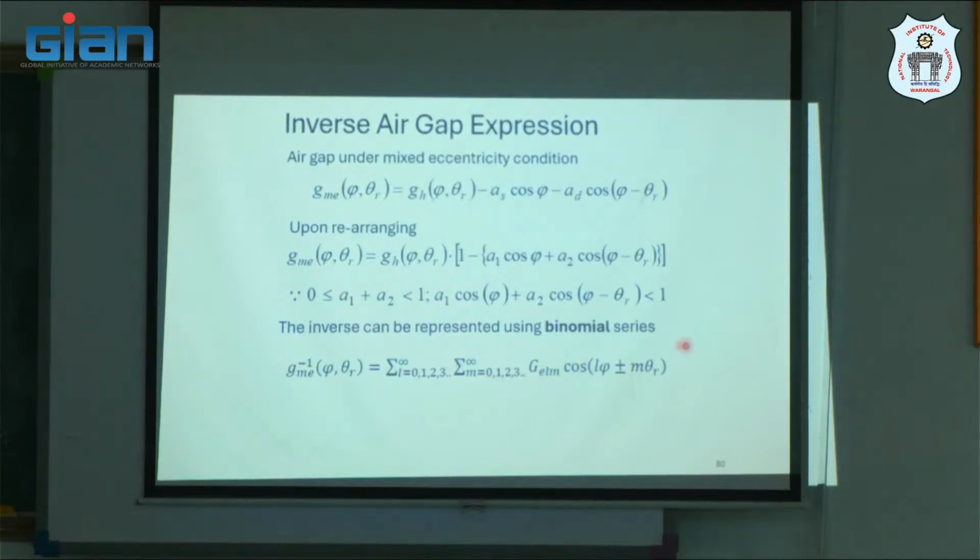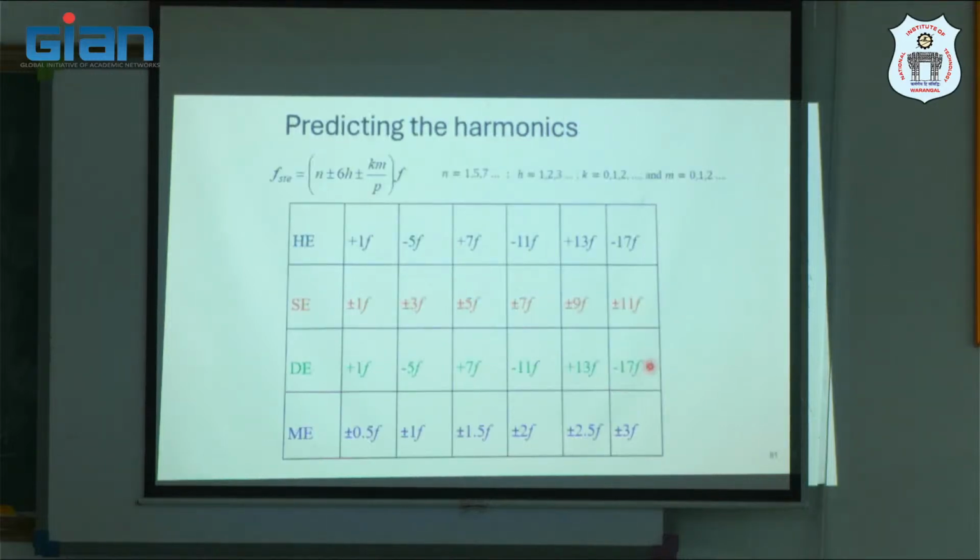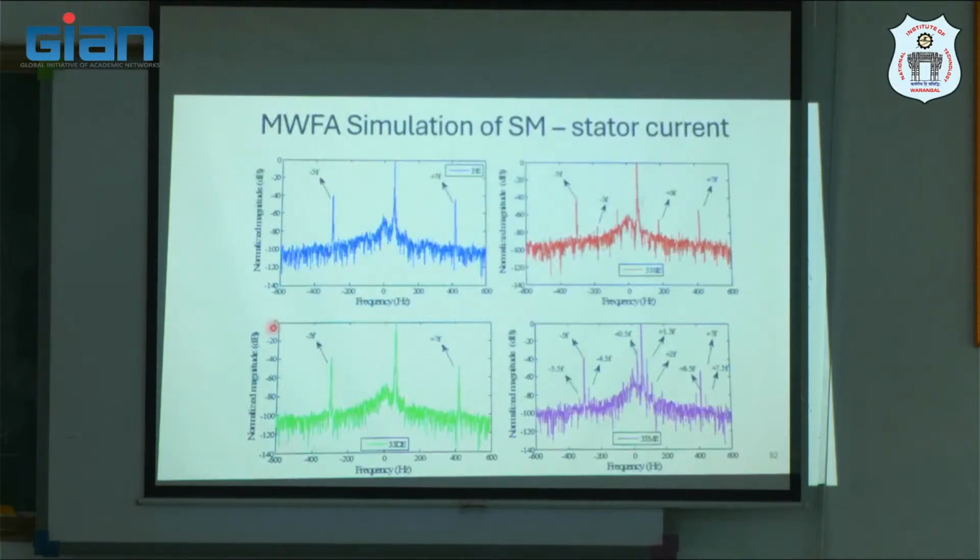So you will see that this is how we have to take the inverse air gap function, and then we have to carry out MMF and permeance analysis, and when we do it for salient rotor structures, different fault frequencies appear. So this can be visualized.